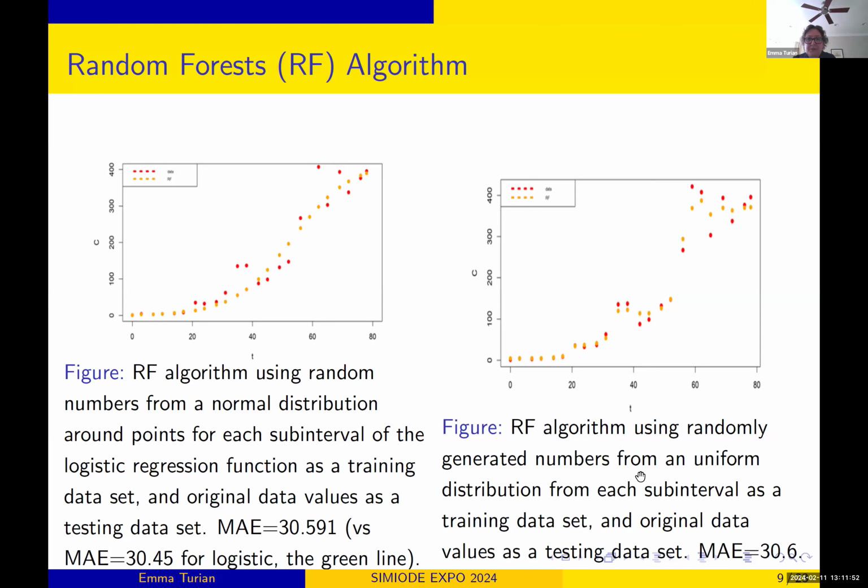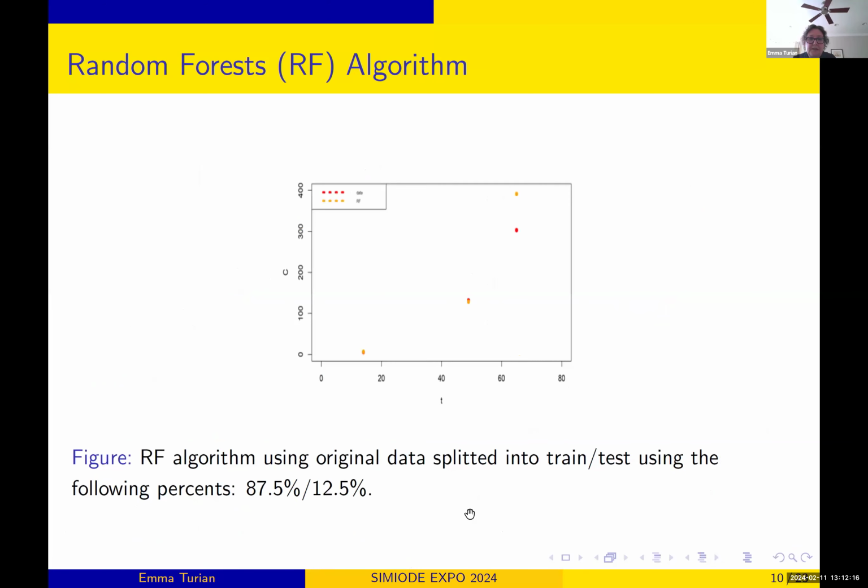So this way, students get to see the results from testing the model using the original data values. So in either case, the mean absolute error is not that much different.